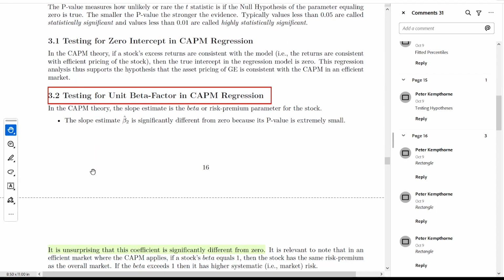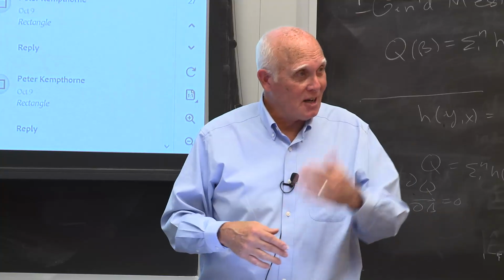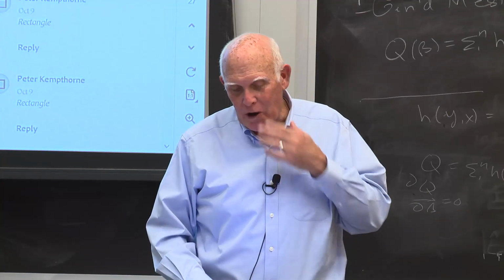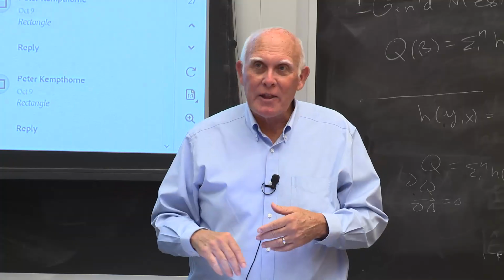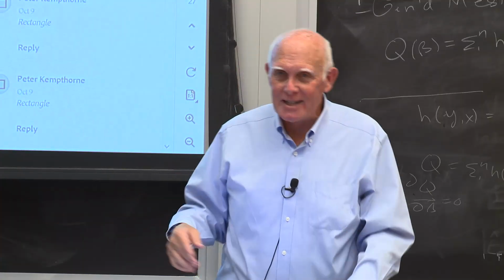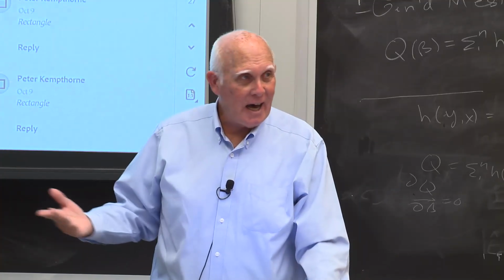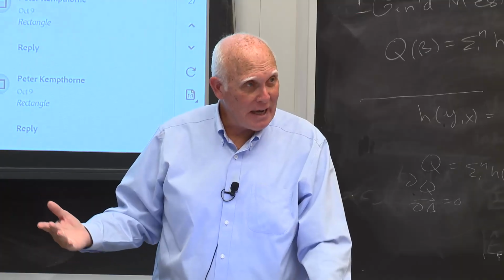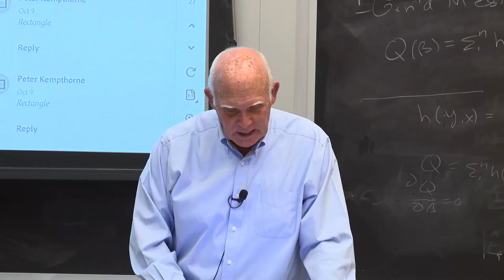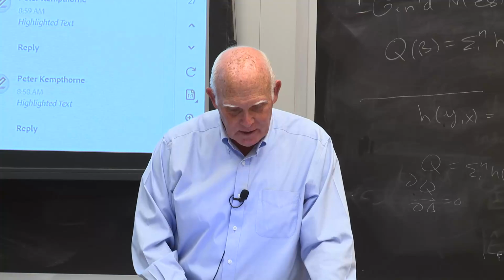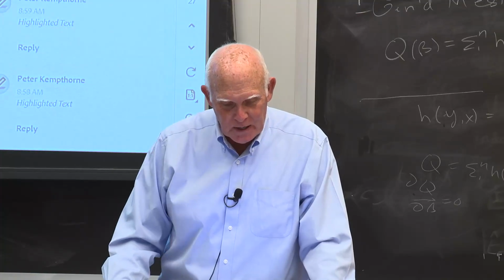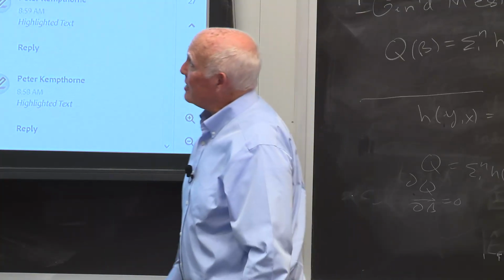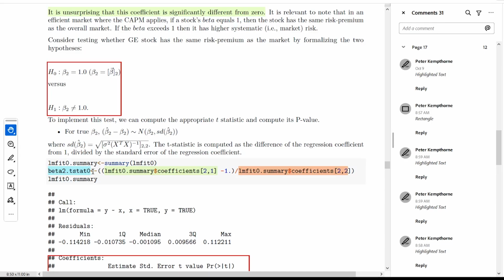And one could also consider testing for whether the beta factor is equal to 1 or not. 1 for the beta is actually what the average beta is across all stocks in the market. And so one can consider judging whether assets have significantly high risk, high betas or low betas, using a test of whether the estimated regression coefficient is significantly different from 1 or not.